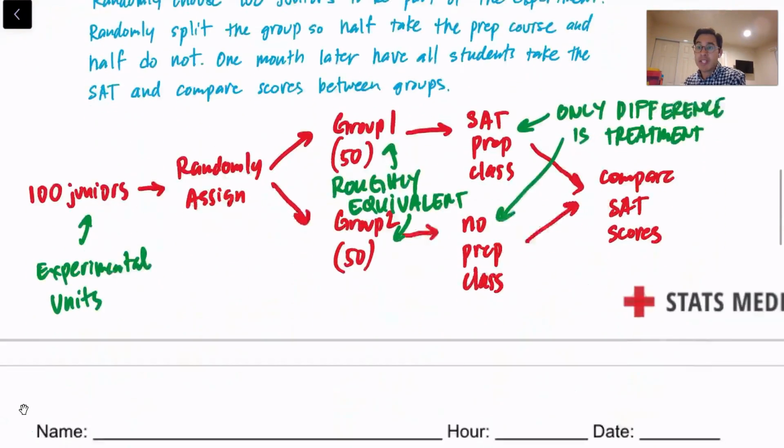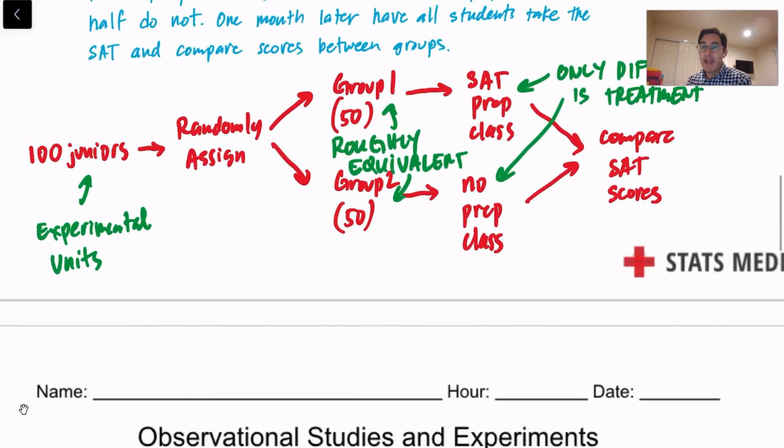How much time a student has after school, right? Because that factor would have got evenly split up by the random assignment. So the only systematic difference between the groups is whether or not they took the prep class. And so any differences in the SAT score can be pinned down to the prep class now.